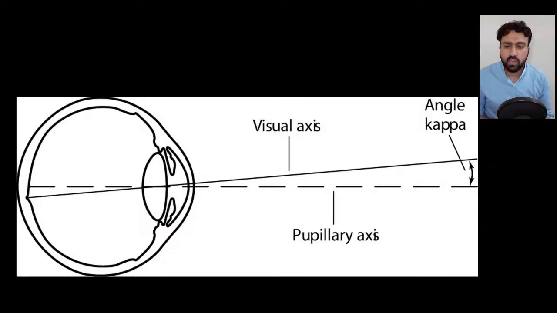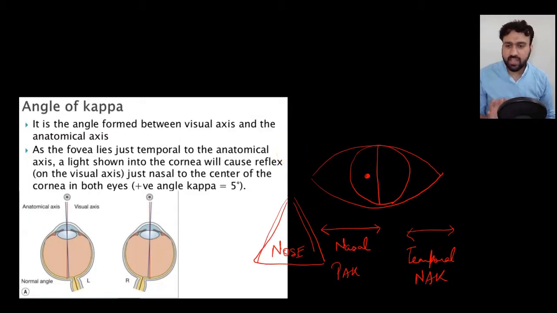So just to reiterate, the angle formed between the visual axis and the pupillary axis is known as angle kappa, and we measure this angle by looking at the corneal reflex. The corneal reflex is Purkinje image type 1. So far we have seen that because the fovea is located temporal to the anatomical axis, the corneal reflex that is normally seen is on the nasal half of the cornea.